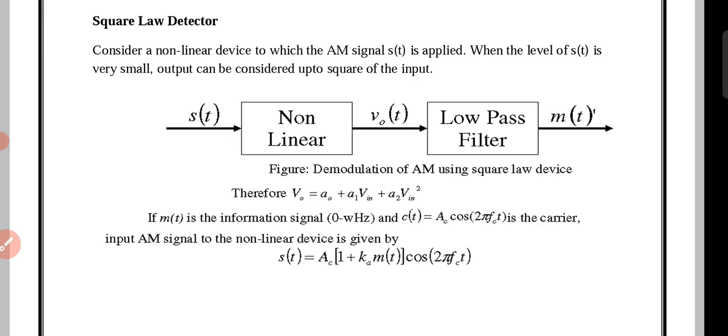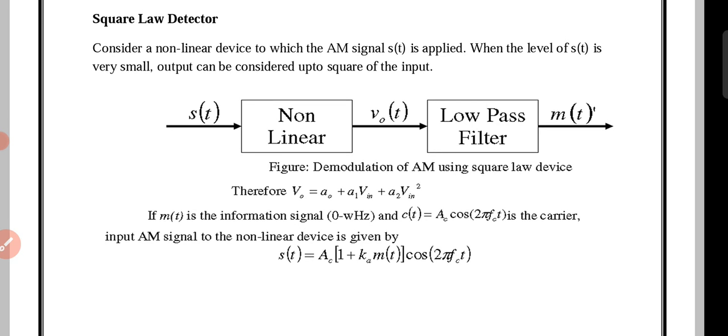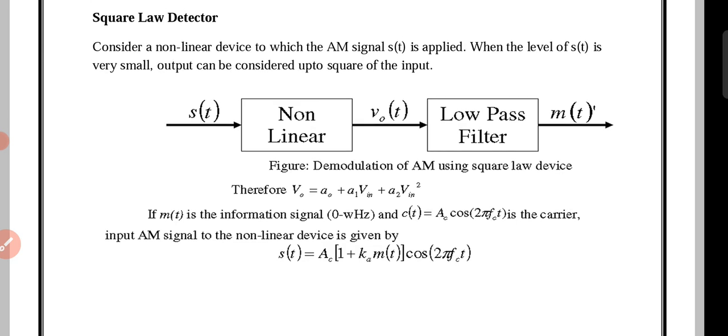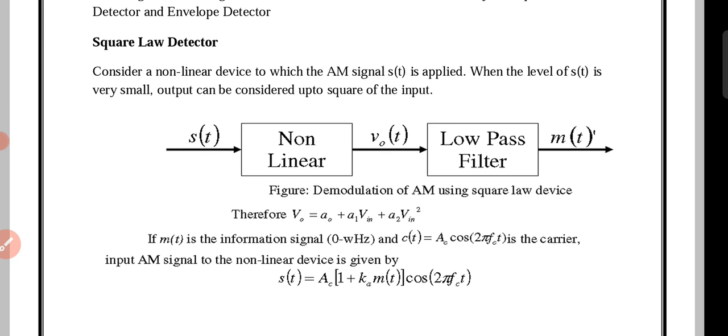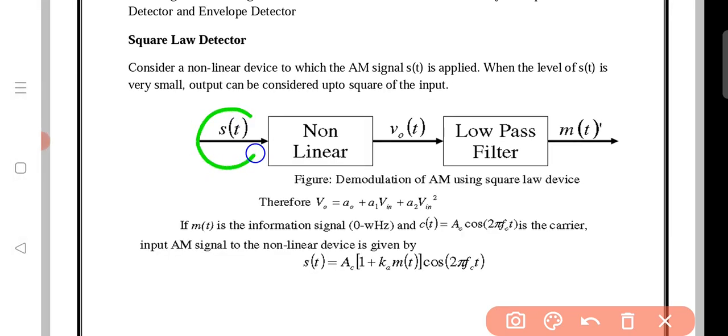This process occurs at the receiver side when the modulated signal, which we denote here as S of t, is the output of the modulator. That signal is present at the input side of the square law detector.